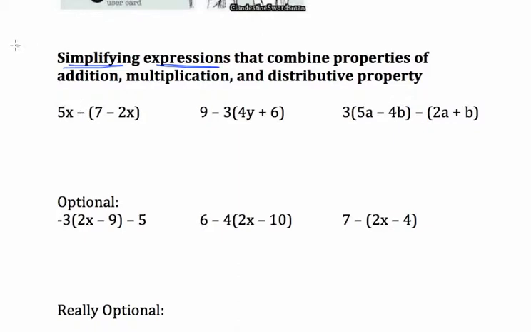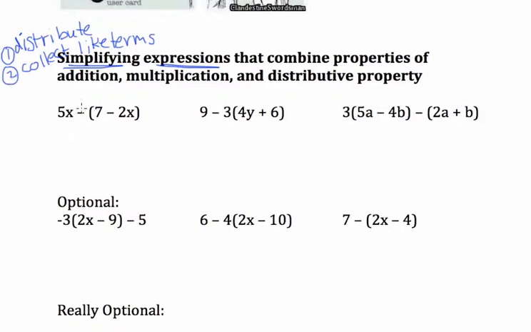Here's the order that I work these problems in. First, find any place you can distribute. Then, collect your like terms. We will do these first two steps when we start working with solving equations too.